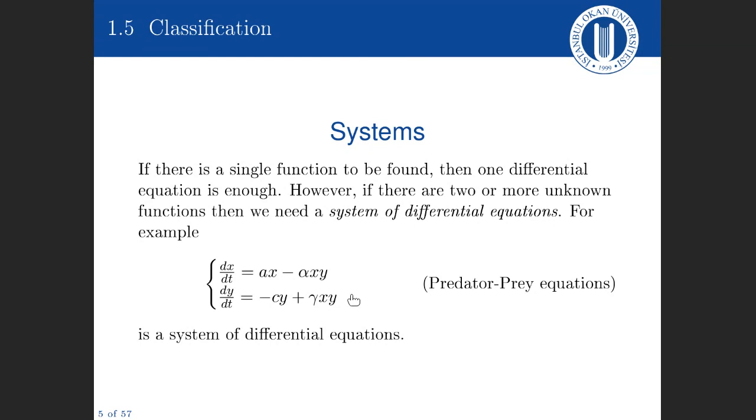There's two variables here, two functions that we want to find, x and y, and both of these functions occur in both equations. We can't just solve one equation first and then move on to the next one. We would need to solve them together. In the final chapter of this course, we'll be looking at systems of differential equations. And when we get to that point, we're going to need to use our linear algebra.